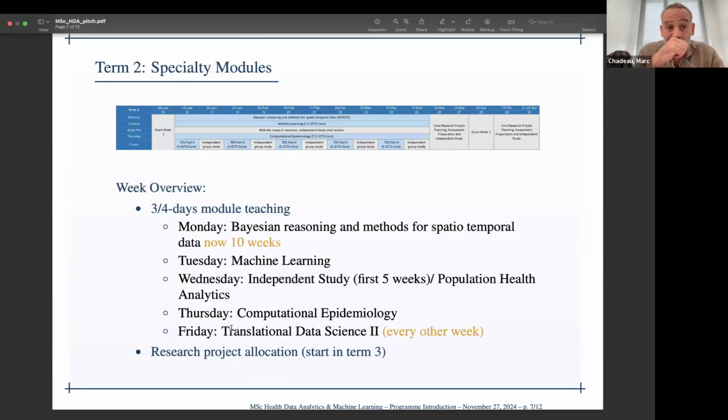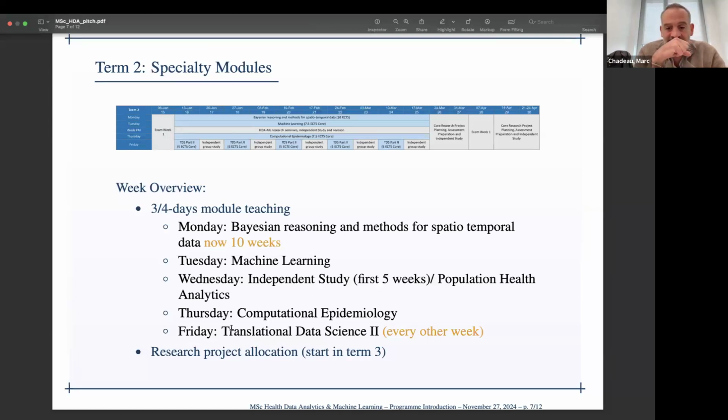Then we have in term two the specialty modules, where you will be taught 3 to 4 days per week. And typically a week is articulated on the Monday. You've got one module, which is a new module this year that was extended to be 10 weeks, sorry. Then you will have a Tuesday dedicated to machine learning.